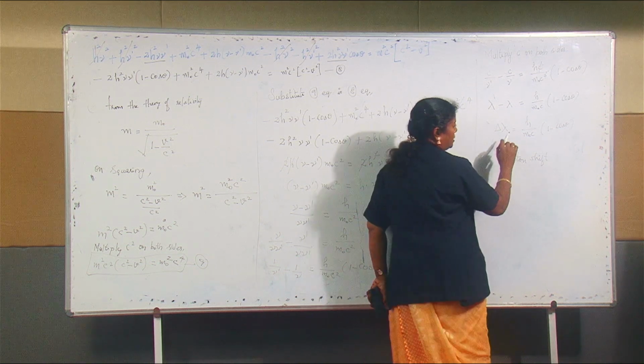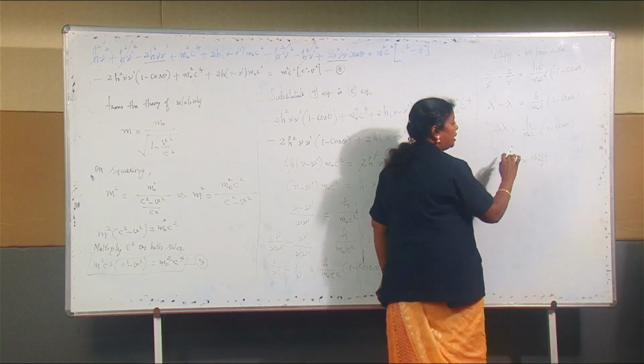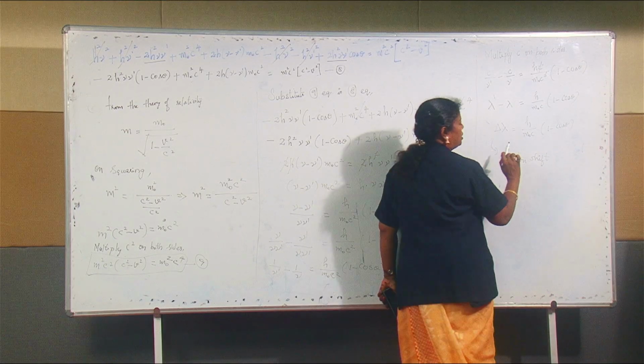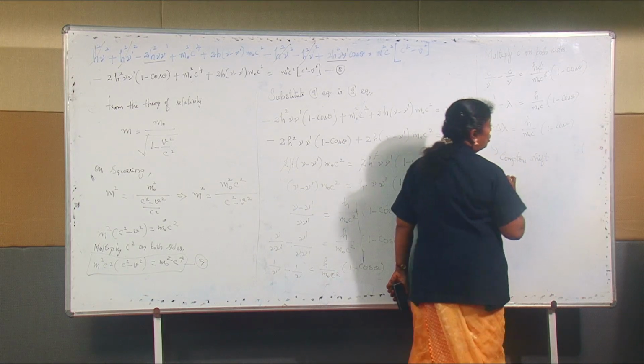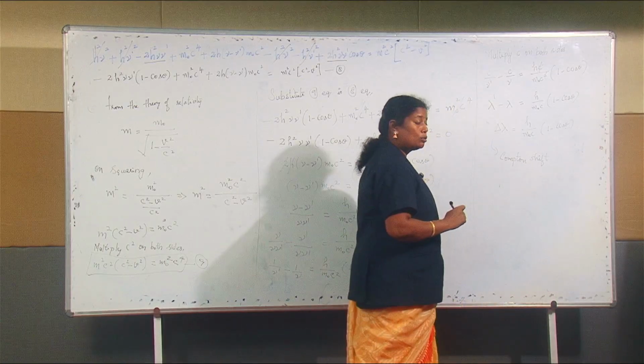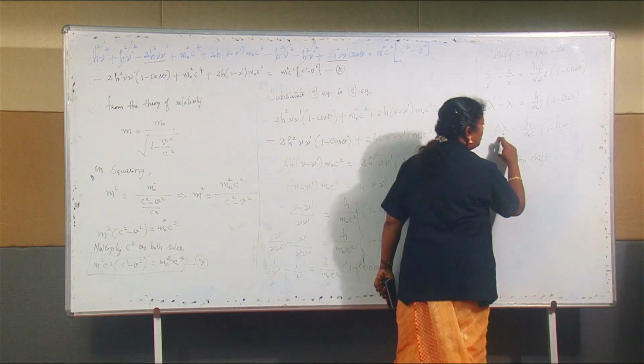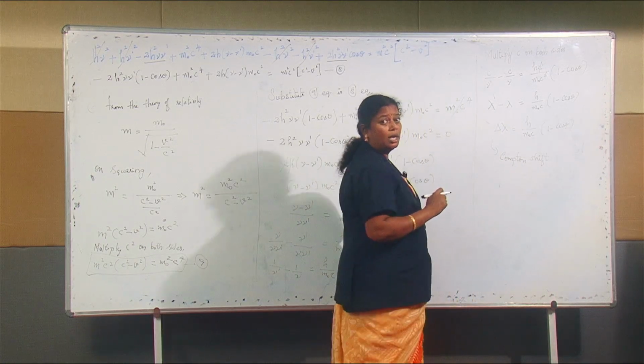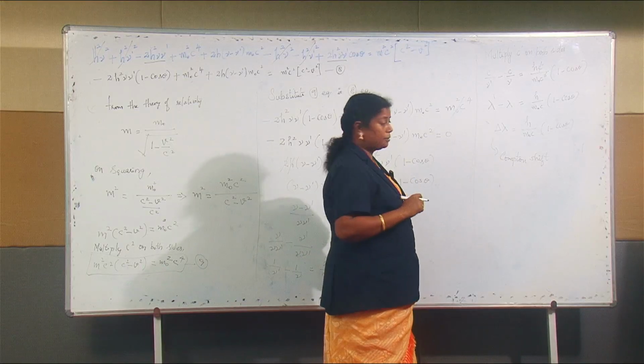Let us observe this answer. h is Planck's constant, m naught, the mass of the electron, is also constant, and c is also constant. What is the variable? The variable is theta. So the difference in wavelength depends upon the scattering angle. It does not depend upon the scatterer.